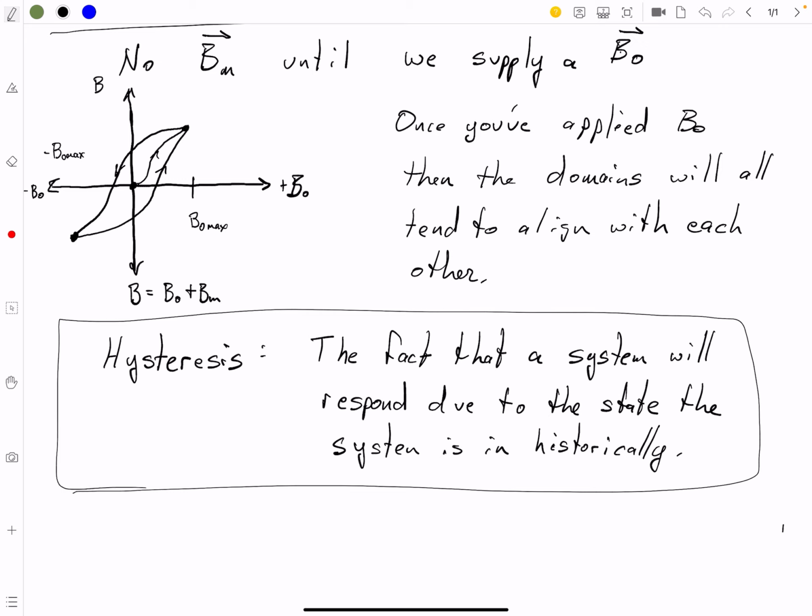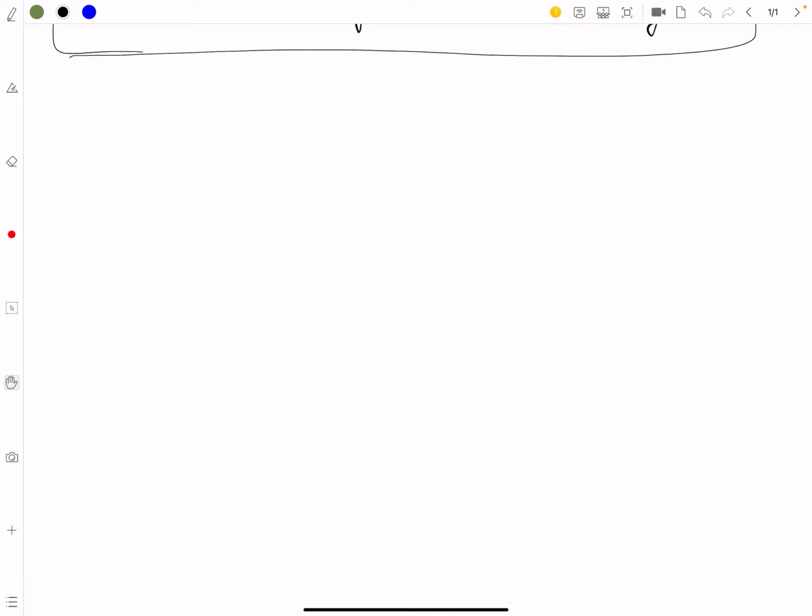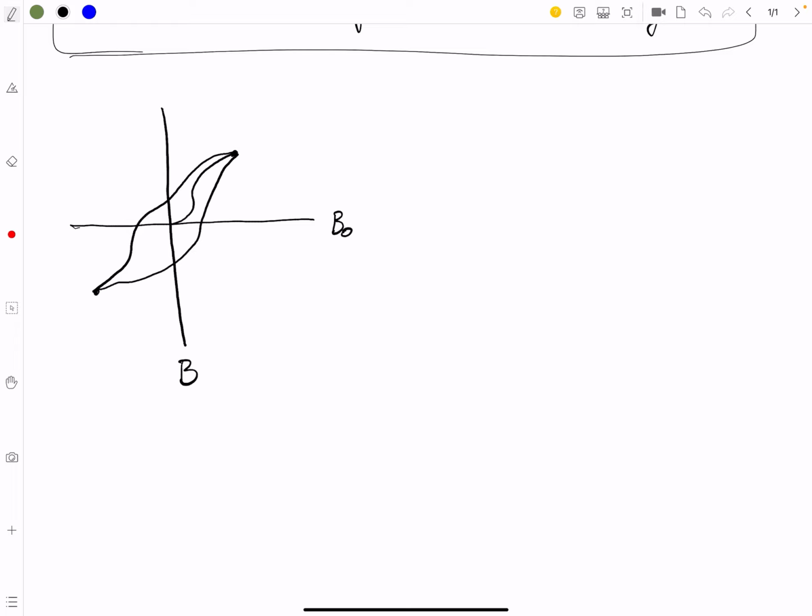And that leads us back to finally degaussing. So what do you do to degauss something? So you could have your B here, your B naught there, and you start at 0 and you do this thing where you get to there and then you go back down over to here and then you go back up to here. Okay, fine, but you want to get back to 0.